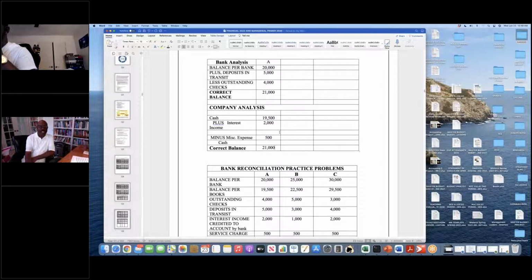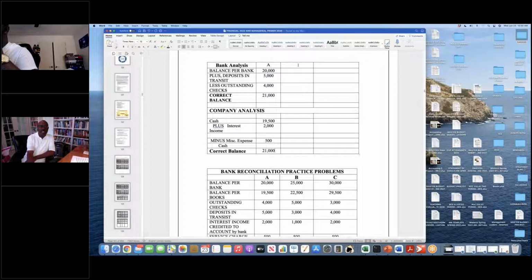All right, I'll give y'all 5 minutes to finish out this chart for B and for C. This is not the hardest thing to do.